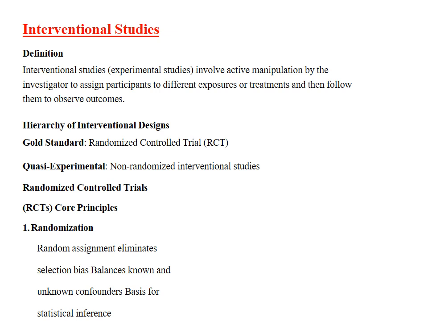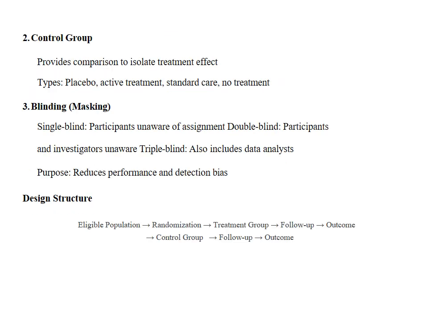Randomization can cancel the bias among the studies. Random assignment eliminates selection bias, balances known and unknown confounders, and is the basis for statistical inference. Control group provides comparison to isolate treatment effect. Types: placebo, active treatment, standard care, no treatment.